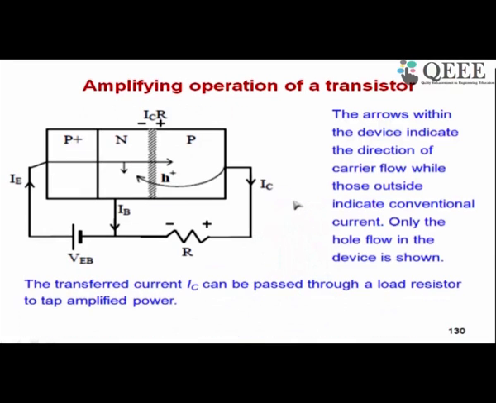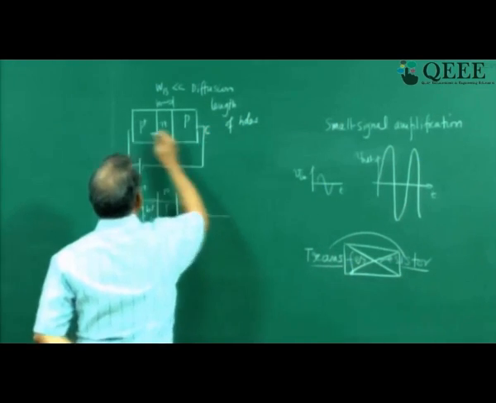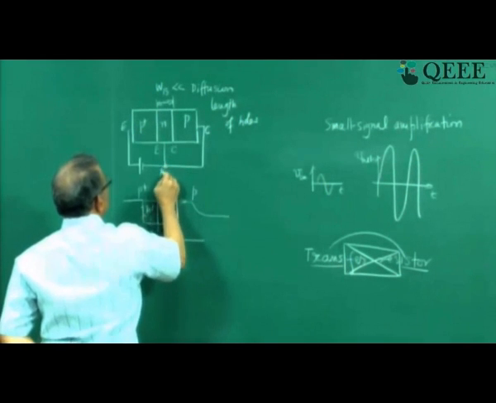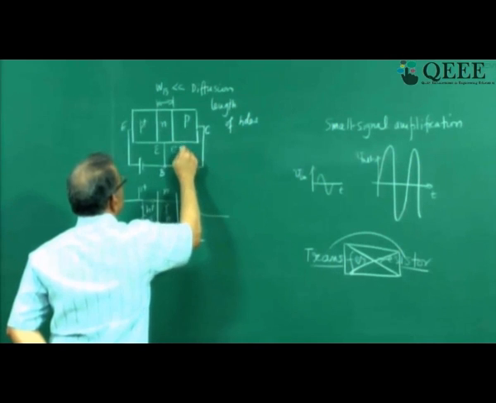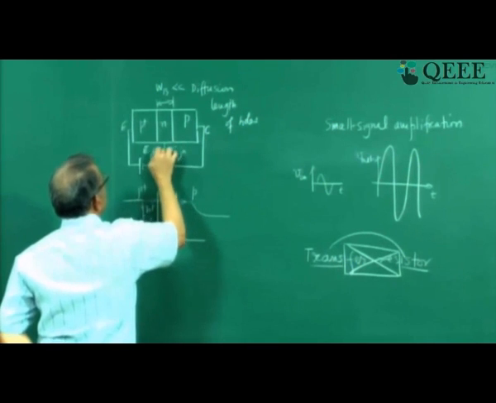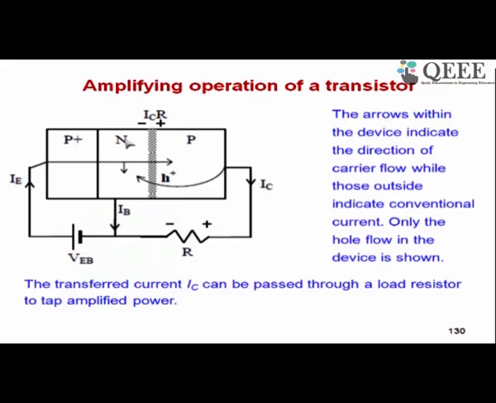Now what is happening when you put the resistor here is that your junction here is called the collector to base junction. This terminal is collector, this terminal is emitter, and this is base, right? This is the collector junction and this is the emitter junction. Okay, so again, if this gets forward biased, what is going to happen? The P region is going to inject holes into the N region.